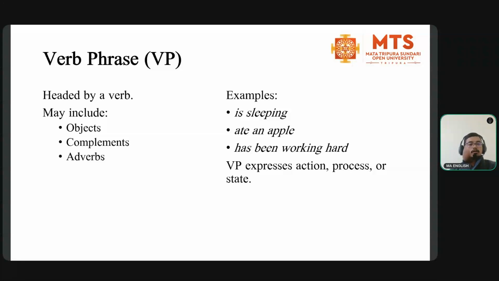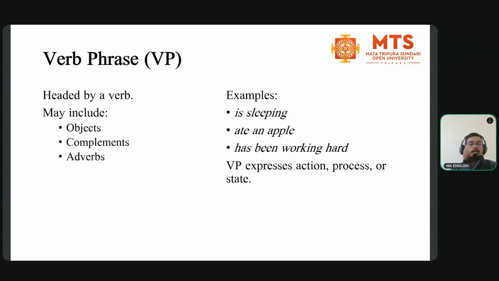A verb phrase may include, as you can see here, the main verb, objects, complements, and adverbs. So examples of verb phrases include sleeping, ate an apple, has been working hard.